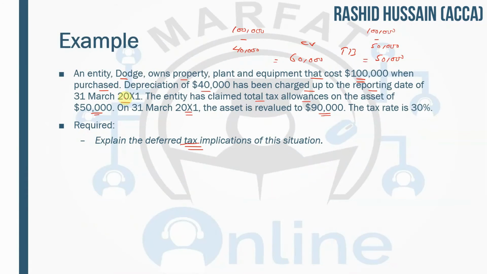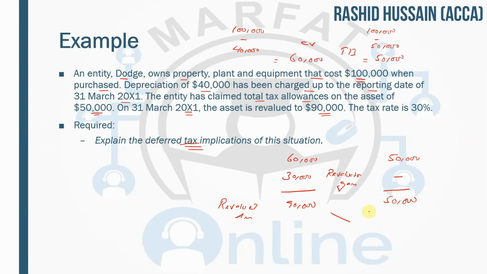Now how is it being calculated? 60,000 was the carrying value and now the revalued amount is 90,000. So this 30,000 is the revaluation gain. Now the tax base was 50,000 and there's no increase in the tax base because the tax authority does not consider the revaluation, so the tax base remains the same.